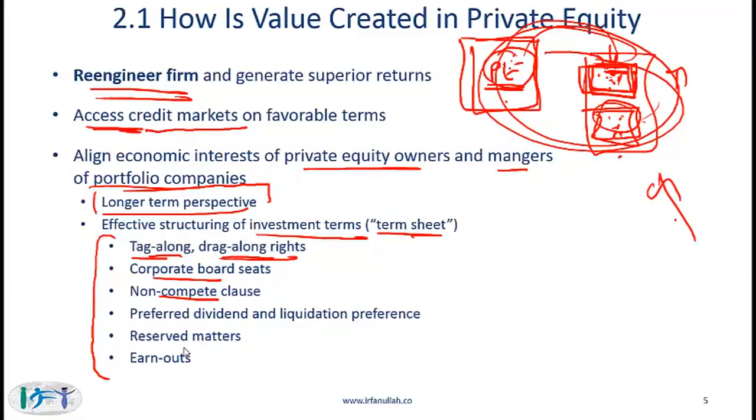What this says is that there are some areas of strategic importance which are subject to approval or veto by the private equity firm. And finally, earnouts. This refers to a mechanism linking the acquisition price paid by the private equity firm to the company's future financial performance over a predetermined horizon. In other words, the private equity is paying a certain price, and that price is contingent upon the firm performing at least at a certain level over a given period, such as 3 years.